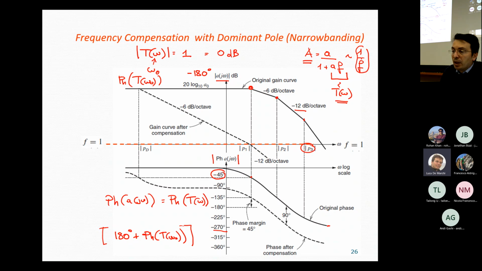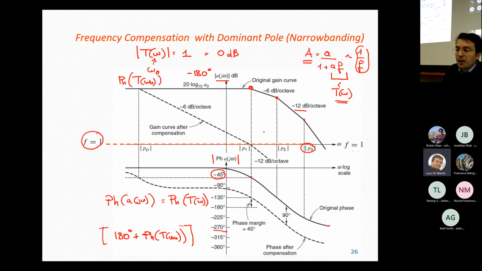So we can draw the line 1 over f in this plot to compare little a of j omega with respect to 1 over f. In this case, f is equal to 1 in the case represented in this plot. So this means that also 1 over f is equal to 1.